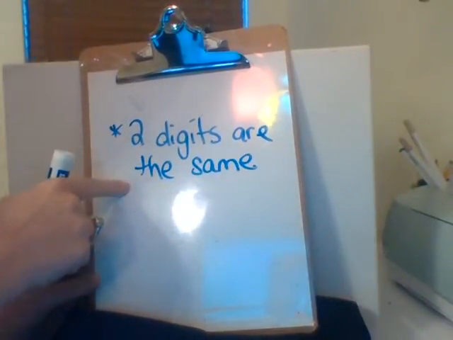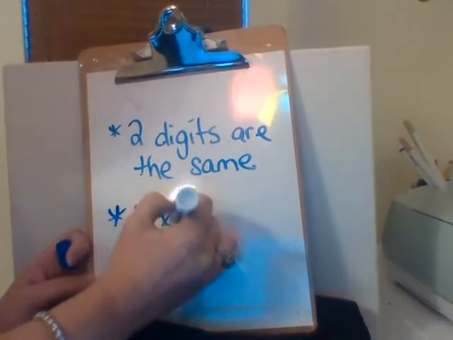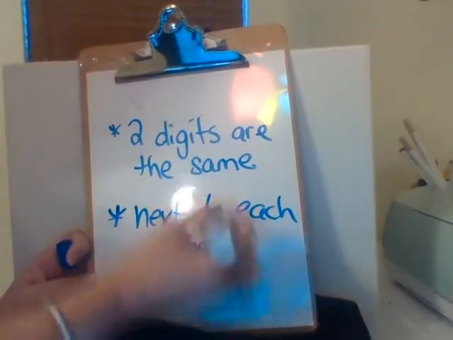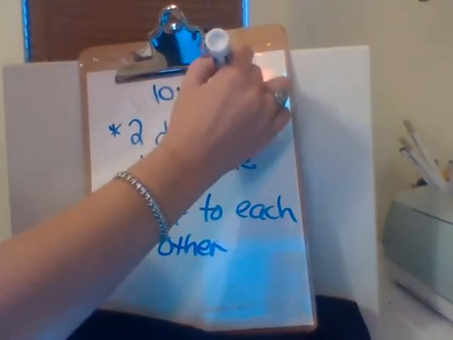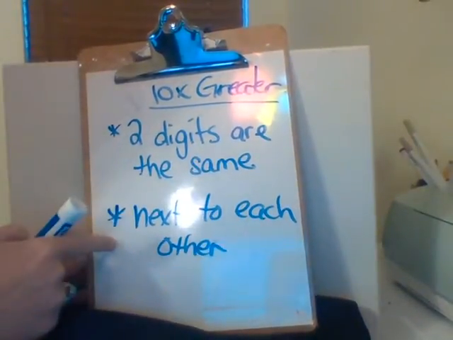I'll cover that here in just a second. And are they next to each other? This is how you know that a number will follow the 10 times greater rule. Okay? Are the two digits the same, and are they next to each other?